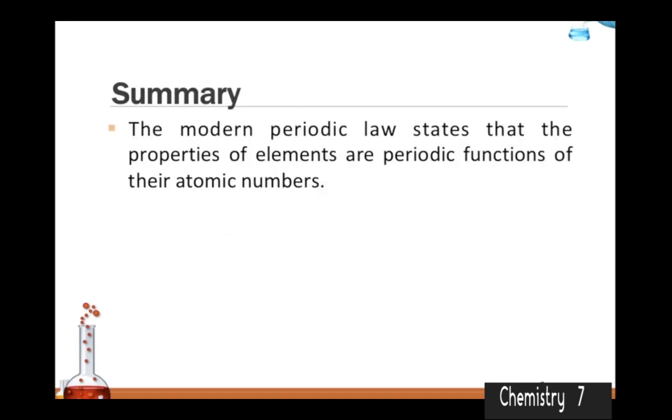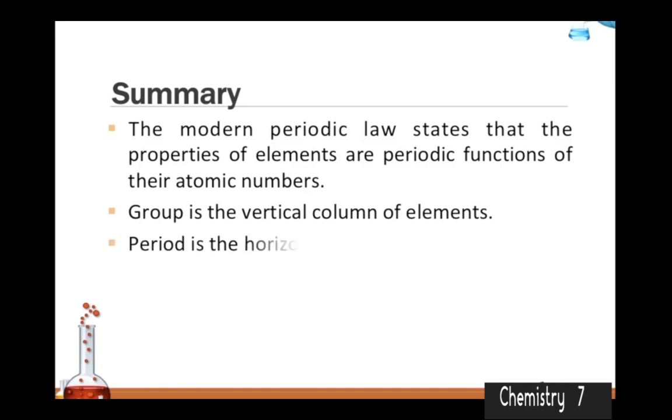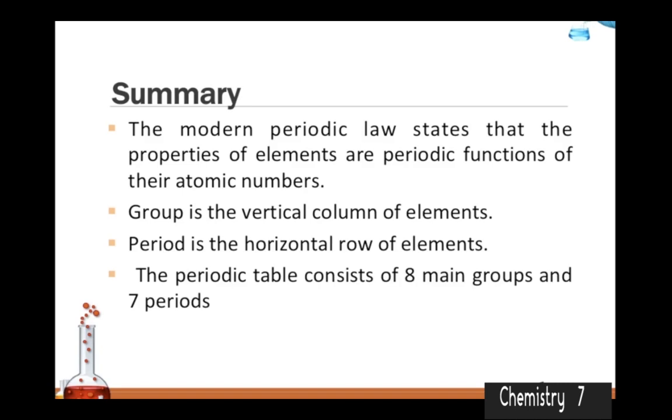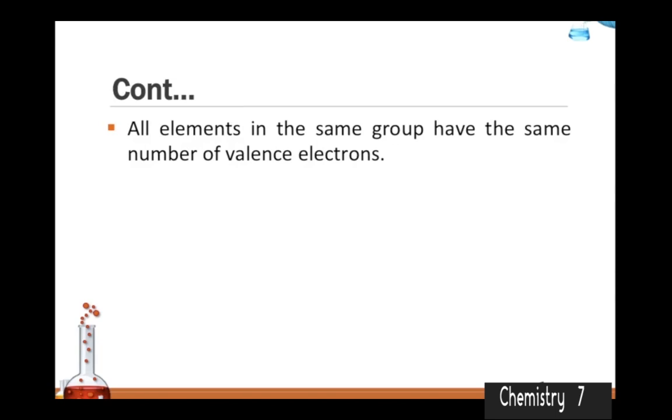In summary, the modern periodic law states that the properties of elements are periodic functions of their atomic numbers. The group is the vertical column of elements. The period is the horizontal row of elements. The periodic table consists of 8 main groups and 7 periods. All elements in the same group have the same number of valence electrons.